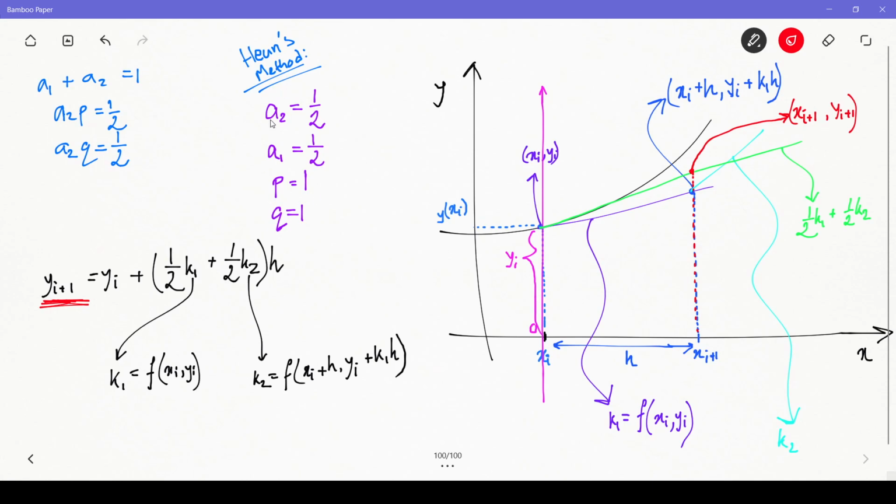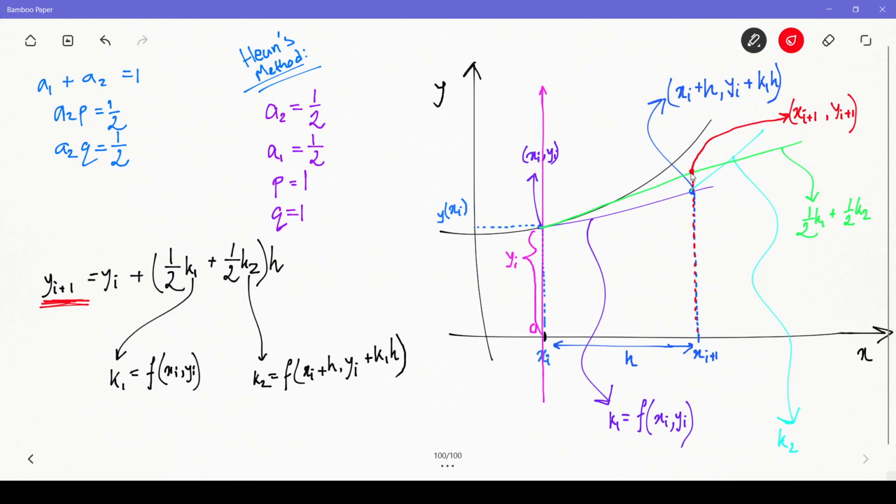If we know all four of these unknown values, we can simply plug them into our compact form of the RK2 method formula and come up with the respective k1 and k2 slope values, and we can use those k1 and k2 values to come up with an average sloped straight line, which I have drawn using this green line over here, and use that resultant straight line to approximate my value of the dependent variable y after the i plus 1 step.